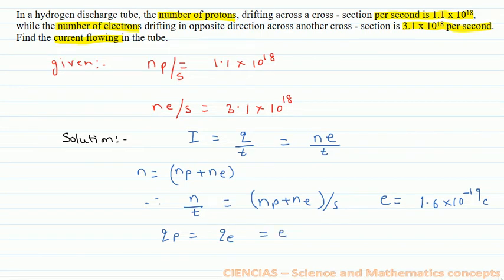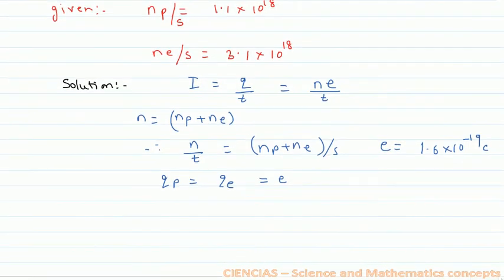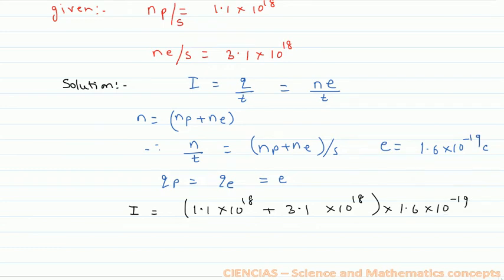Now we put the values in the equation. So I is equal to (1.1 × 10^18 + 3.1 × 10^18) multiplied by 1.6 × 10^-19.